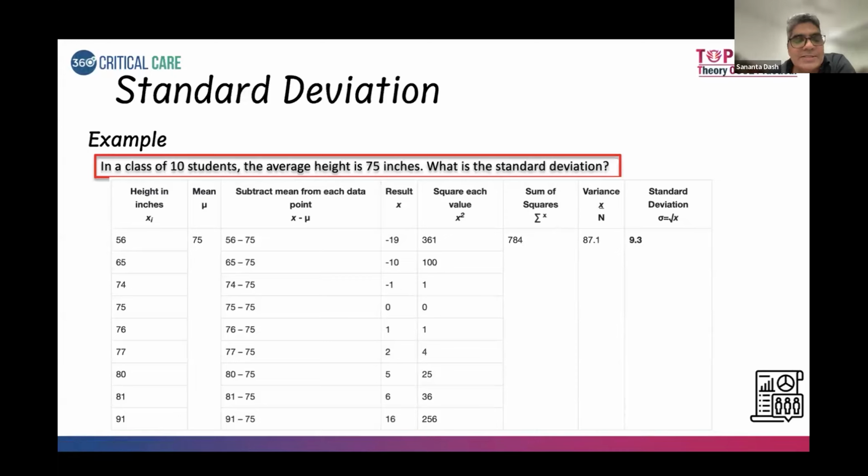If you take 3 standard deviations, it is 99%. So 3 times 9.3 is 27.9. So 75 plus or minus 27.9, most of the people, 99% of the subjects, will be in that range. So 1 standard deviation, 2 standard deviations, and 3 standard deviations. We'll talk about that in the next slide.